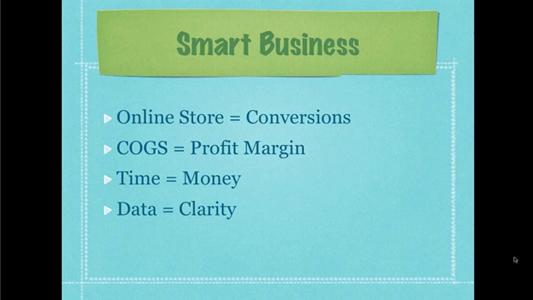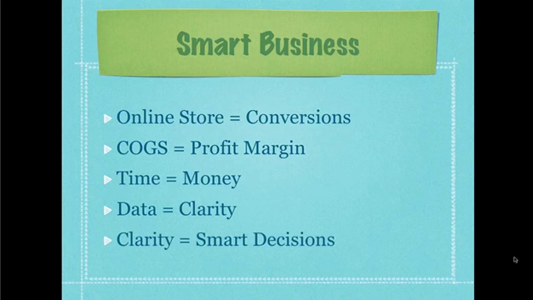You want to make sure that you've got a clear picture into what's working and what's not. It's kind of almost like financial management, or even having a decluttered house. If you know where everything is, you know where everything's coming from, where it's going, everything has its place, it's going to make you feel a lot clearer mentally, and it's going to give you a window into how you can proceed smarter in your business. And again, yes, clarity just brings smart decisions.